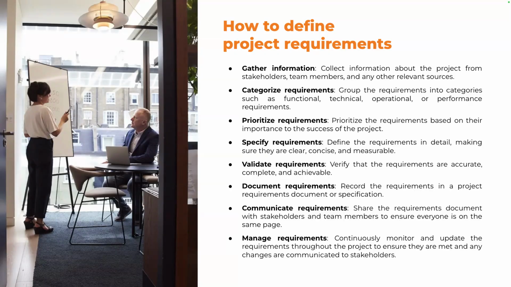So if you think back to the goal of 60K, is the first priority to start applying? No, it's going to be upskilling. Then specify requirements, validate documents, communicate requirements, manage requirements.